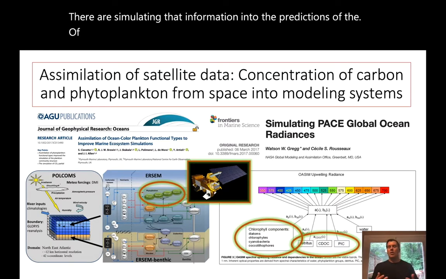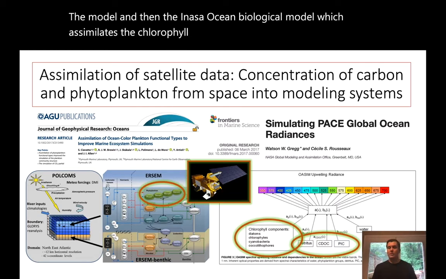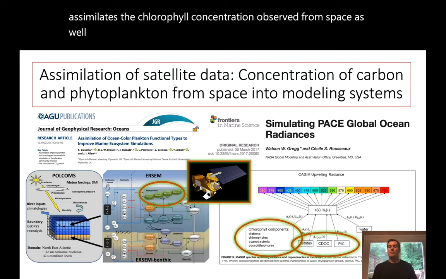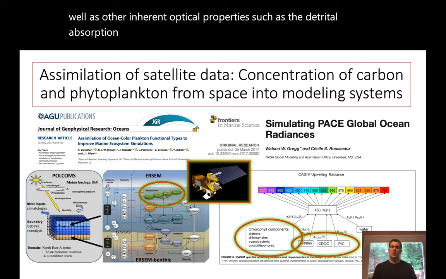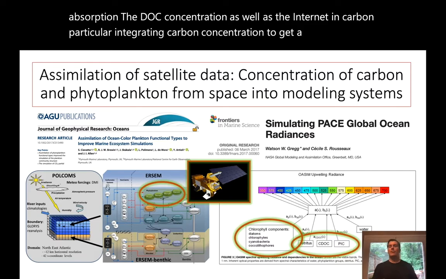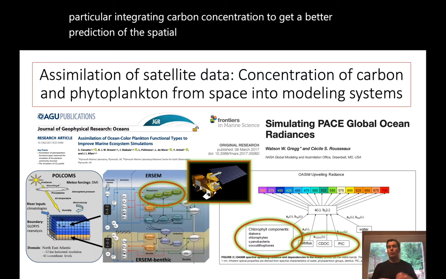And then the NASA ocean biological model, which assimilates the chlorophyll concentration observed from space, as well as other inherent optical properties such as the detrital absorption, the DOC concentration, as well as the particulate inorganic carbon concentration, to get a better prediction of the spatial fields through time of this modeling system.